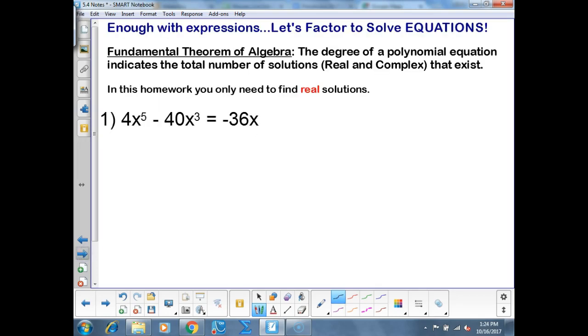Okay? So, where are we going with all this? Well, now that we've refreshed our factoring, we're going to solve by factoring. What I need to talk a little bit about is the fundamental theorem of algebra. The fundamental theorem of algebra states that the degree of a polynomial equation, what's the degree again?